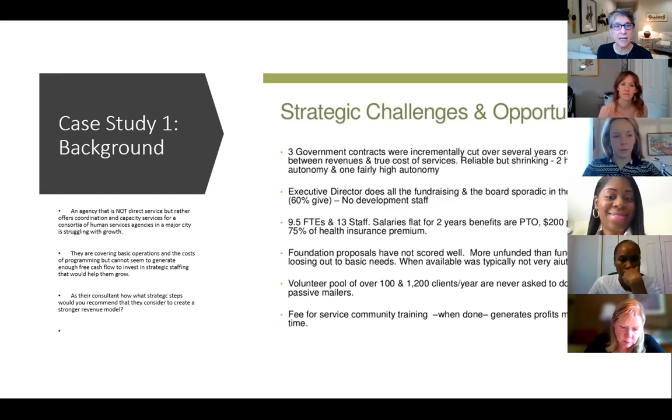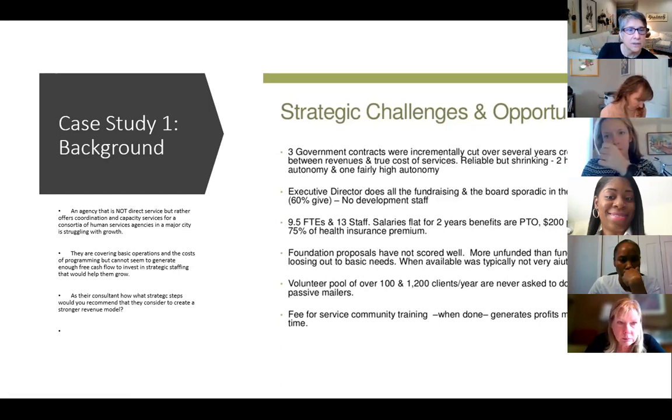They're covering basic operations and the cost of programming, but cannot seem to generate enough free cash flow to invest in strategic staffing that would help them grow. As their consultants, what strategic steps would you recommend that they consider to create a stronger revenue model?